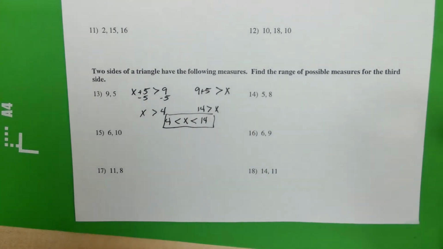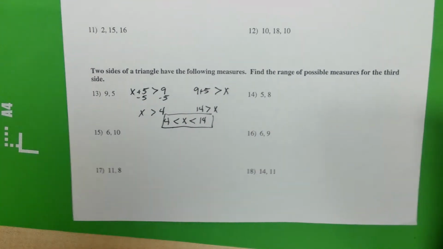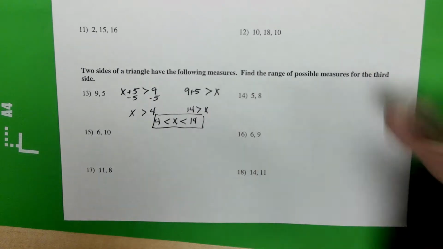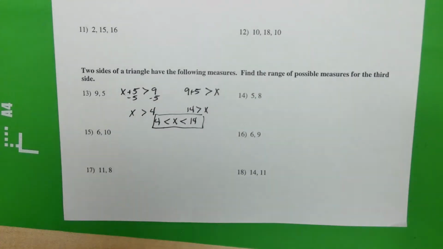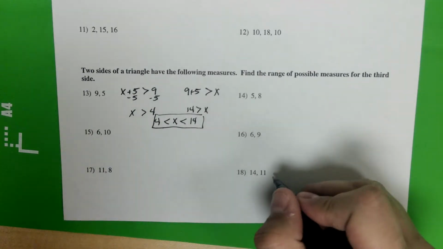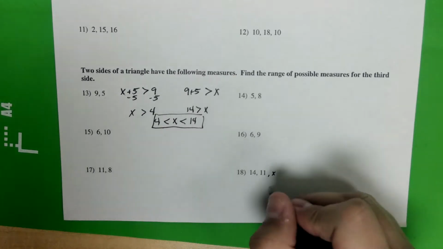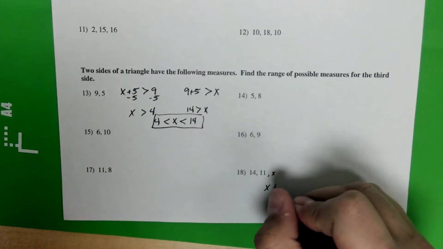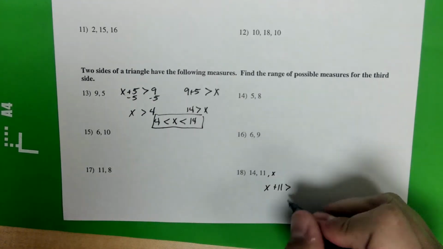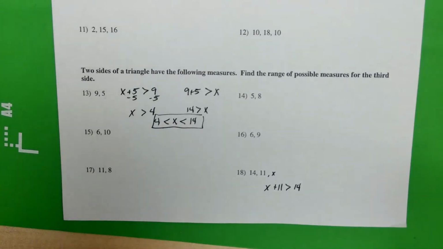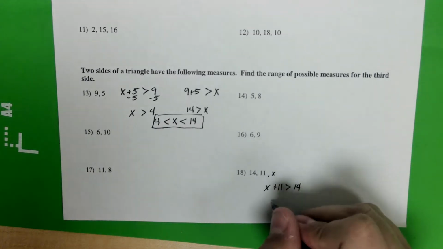All right, let's do another one. Let's look at number 18, just because they have larger numbers. Again, our x is our third side. We don't know what it is. We're going to add x to our smallest side, and set it greater than the largest side. So solve this.